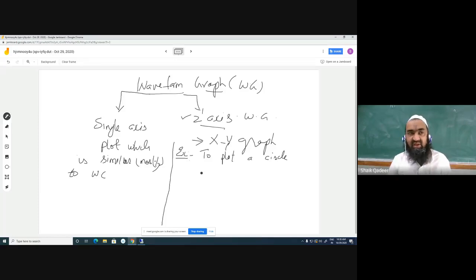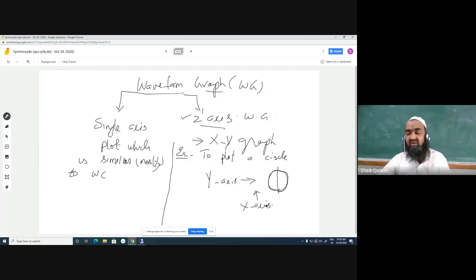Suppose we want to have an impression on screen as a circle with the help of two signals, one signal is appearing on y axis, another signal is appearing on x axis. This is appearing on y axis and this is appearing on x axis, and we want an impression like this. One should be varying like this, another should be varying like this.